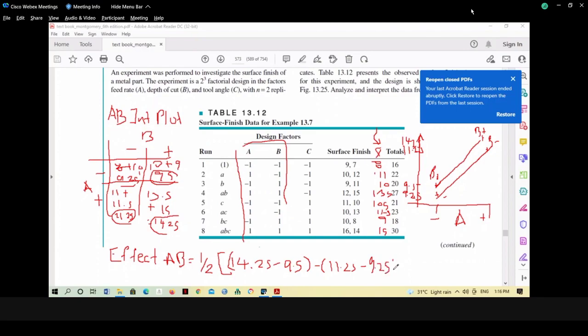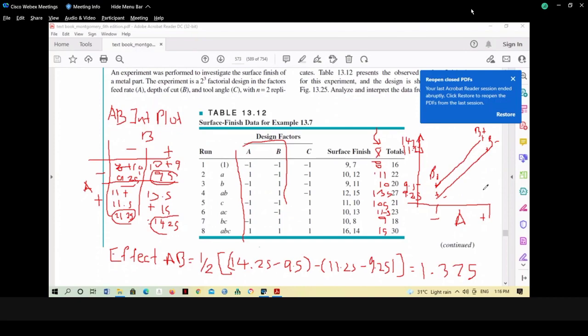So minus that, you solve this, you will get 1.375. Okay, that means the effect of AB is equal to 1.375. The graphical shows that there's no interaction between A and B.